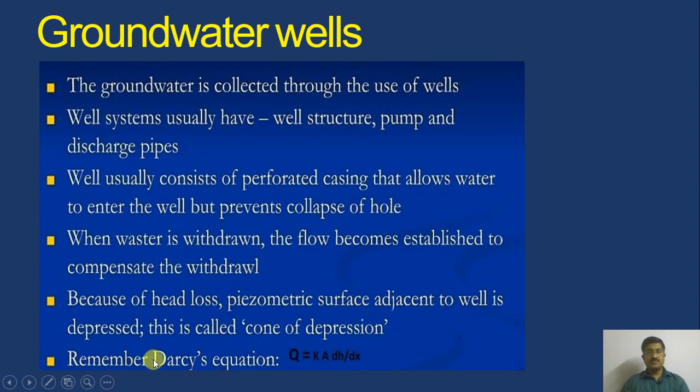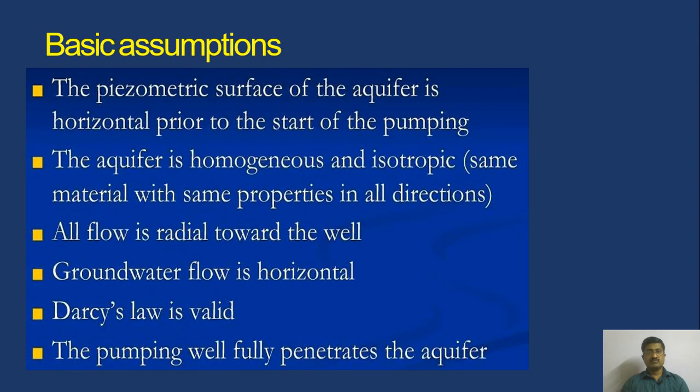Here we have to remember Darcy's equation: Q is equal to K into A into I, that is the hydraulic gradient, dH by dx. What are the assumptions in this theory? The piezometric surface of the aquifer is horizontal prior to the starting of pumping.